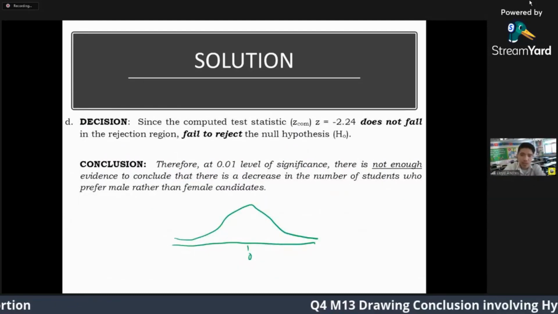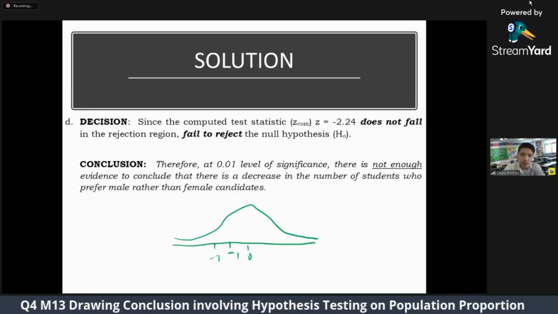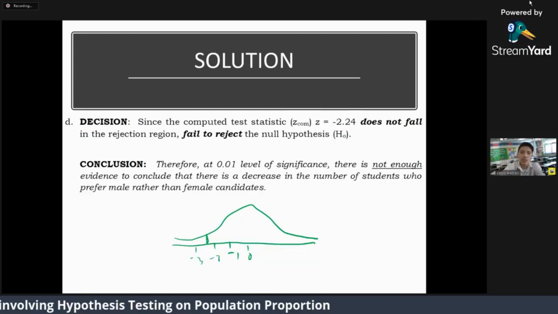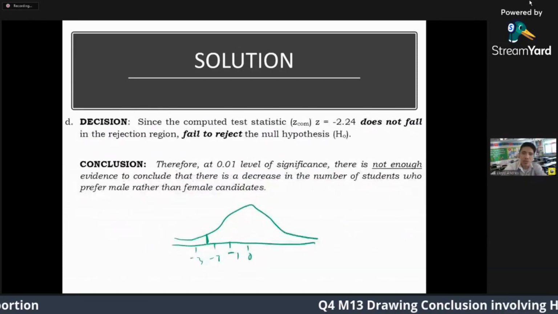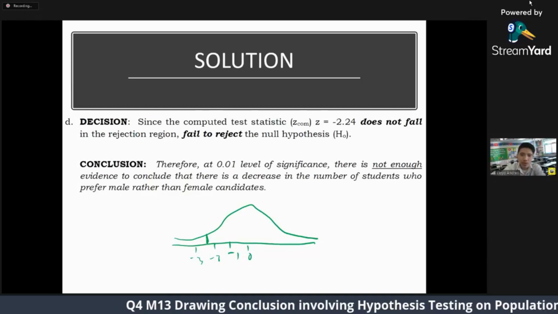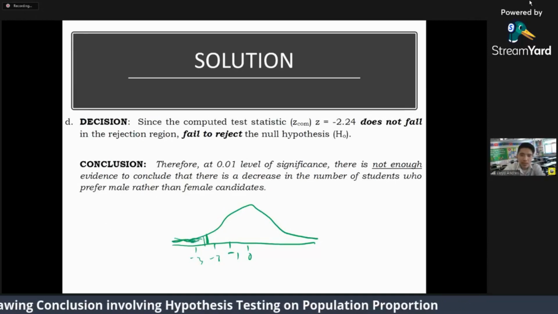Negative 1 is here, negative 2, negative 3, so 2.24 is here. But our critical value is negative 2.33. So where is it? 2.33 is here, so it is further ahead.